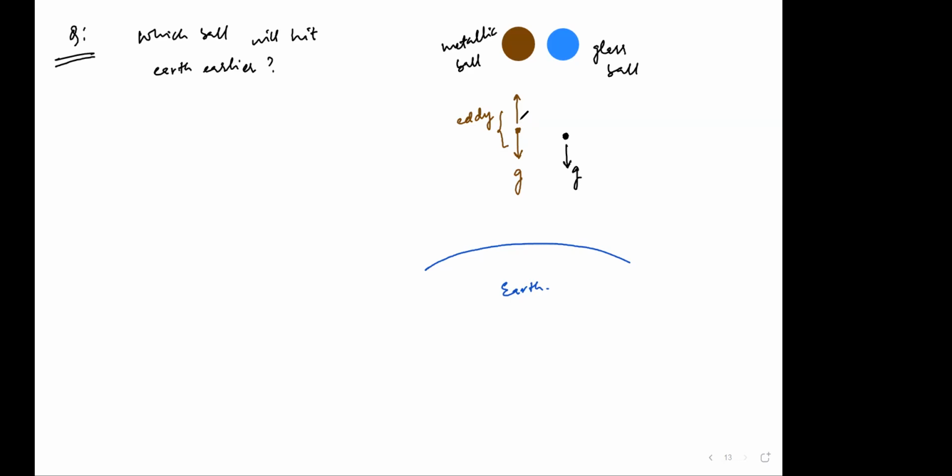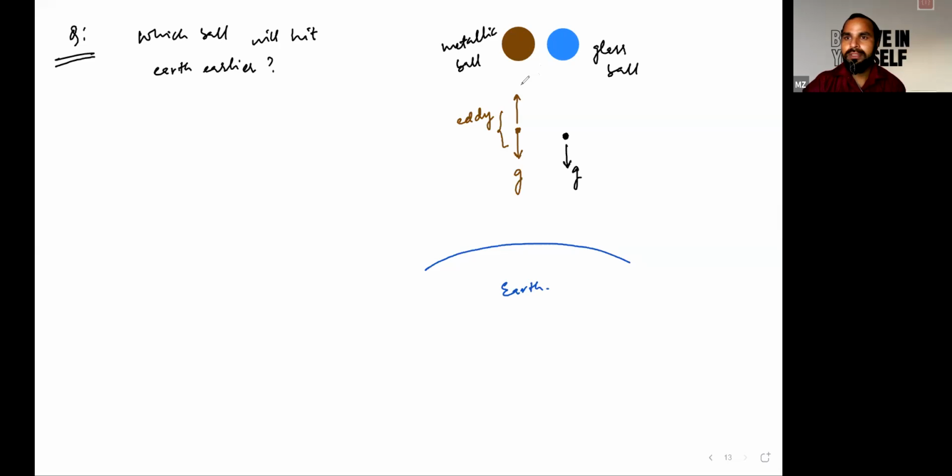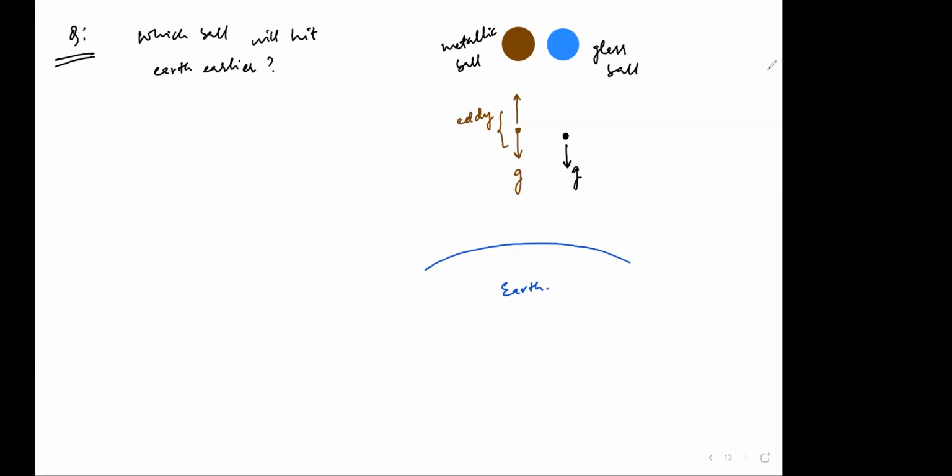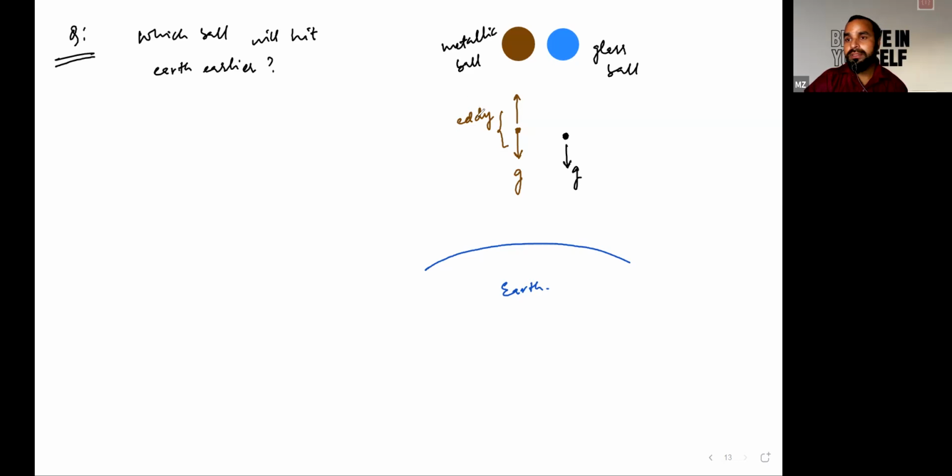Okay, sir. There are various experiments regarding this. You can search on YouTube as well. This eddy current will produce such an enormous effect on the metallic ball that its motion is retarded and it comes to rest all of a sudden. Okay?